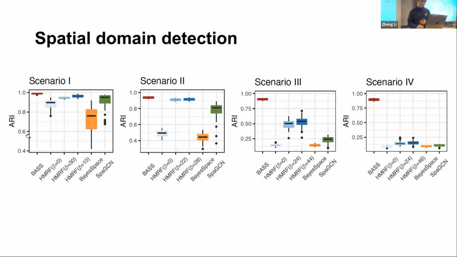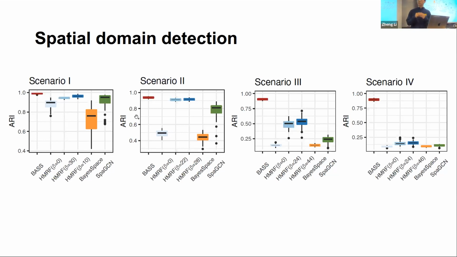We can find here that our method has overall the best performance, followed by HMRF, SpaGCN, and the AS-based. We can also notice that in scenarios 1 and 2, the performance of our method is very similar to the other methods.